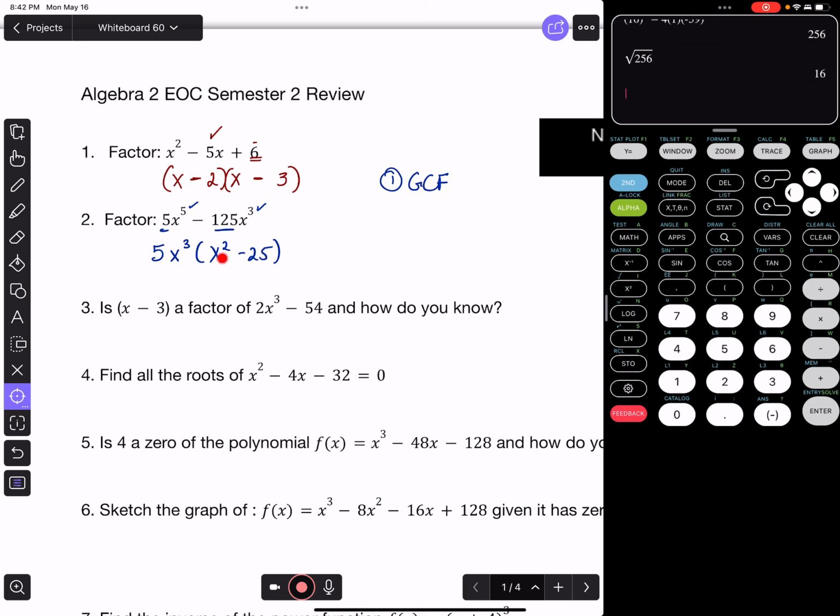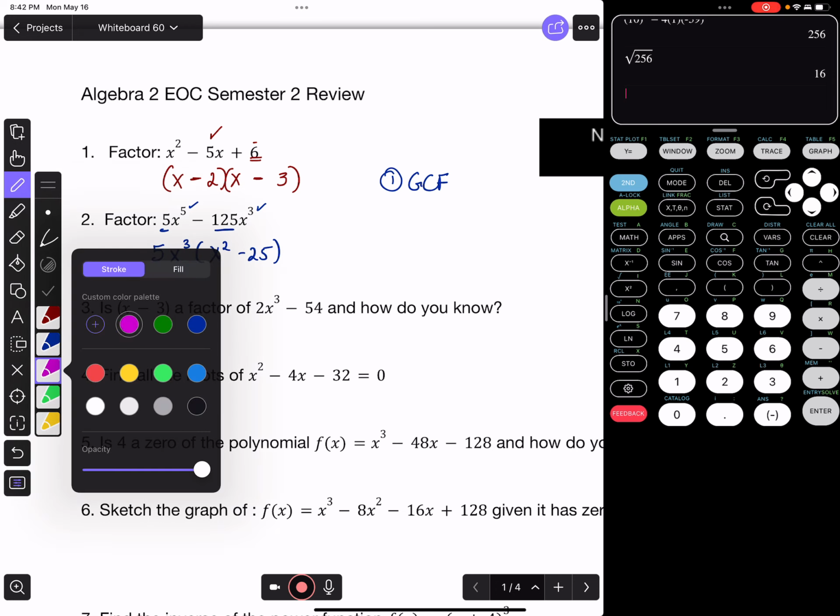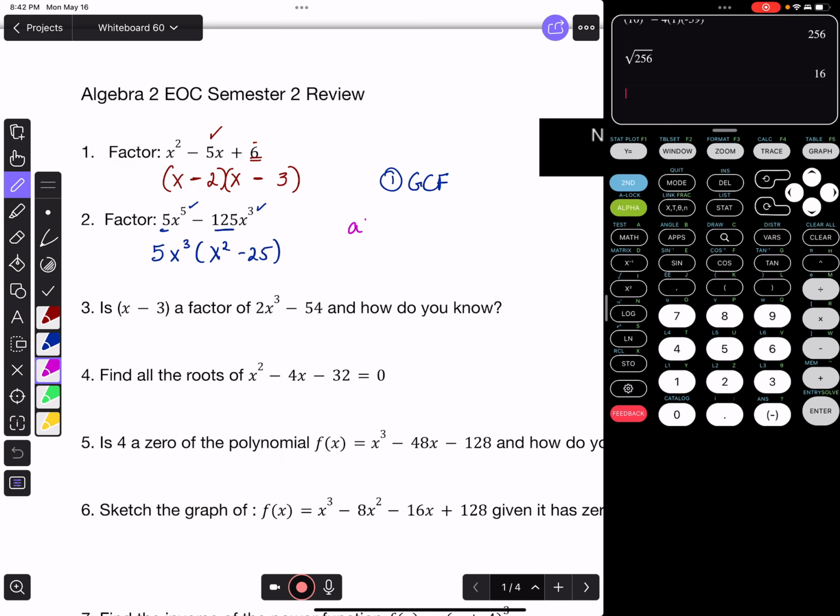This is a difference of 2 squares. And so if you remember the formula for the difference of 2 squares, a squared minus b squared equals a minus b times a plus b, our final factorization is x cubed times x minus 5 times x plus 5. It would be this whole answer right here.